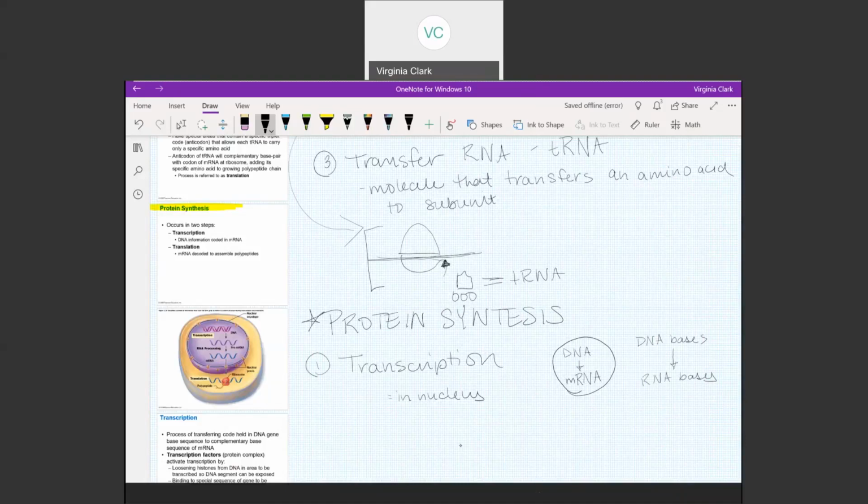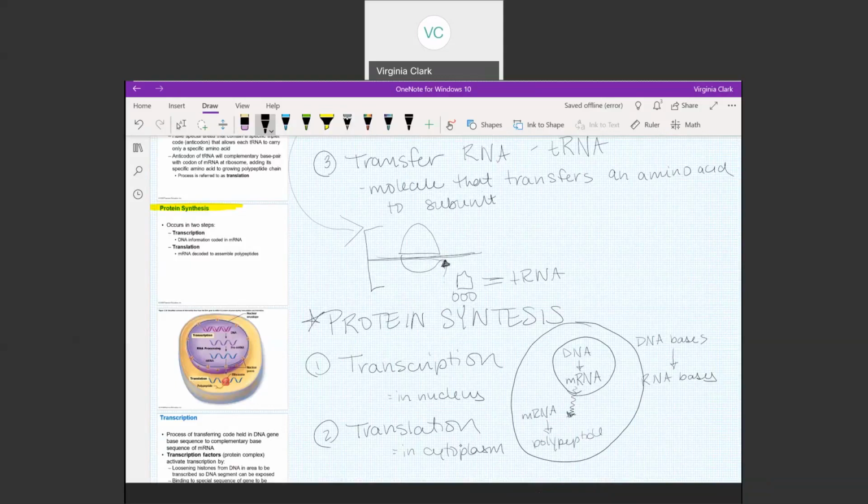Then the next step is going to be translation. Translation is going to occur in the cytoplasm. So if this was my nucleus, here is the rest of my cell. Transcription happens in the nucleus, and it's where I'm going to take my DNA to my mRNA. This mRNA is going to travel outside the nucleus into my cytoplasm, and then I'm going to go from mRNA to a polypeptide.